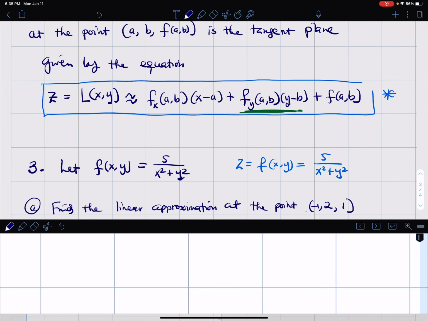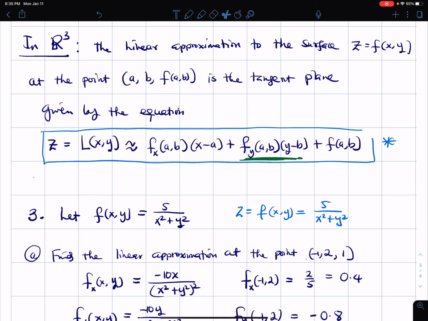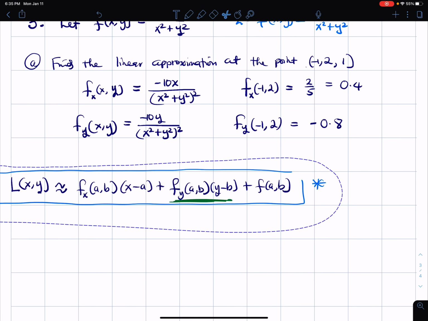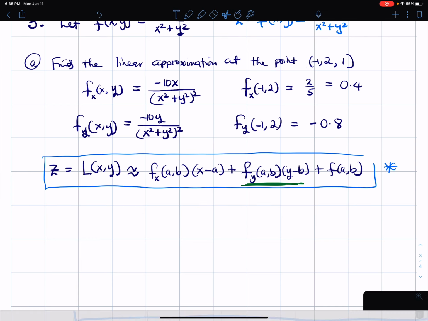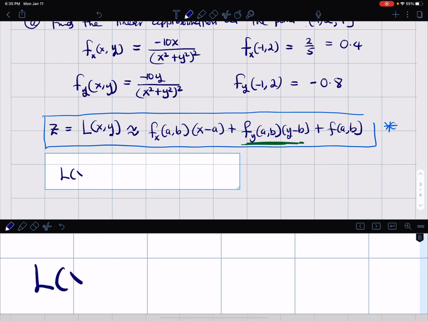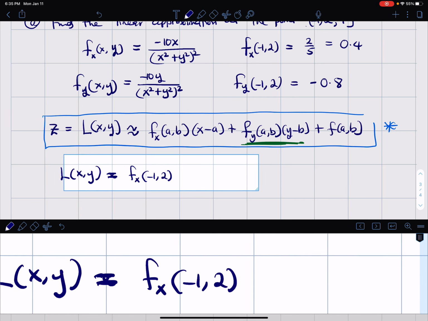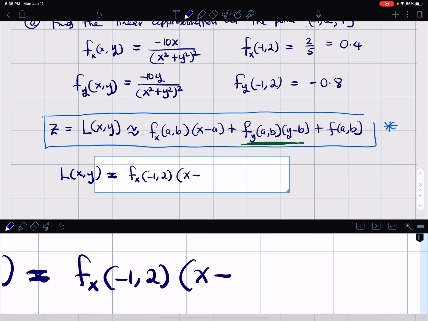So again, we're using this formulation. We're looking for the equation of a plane. This is the equation we're going to use. So we need L of x, y, which is going to be fx at -1, 2 times x minus a.